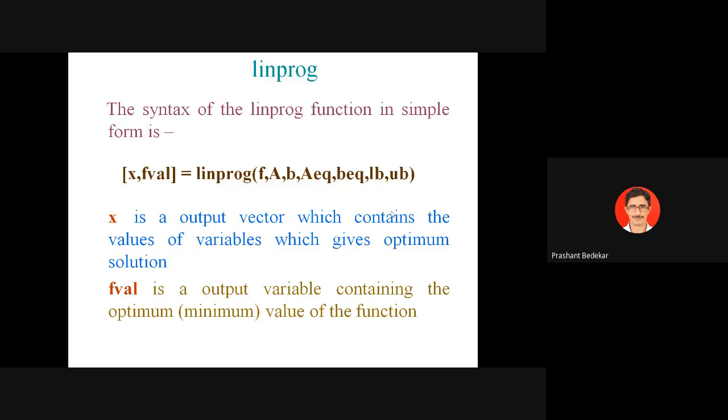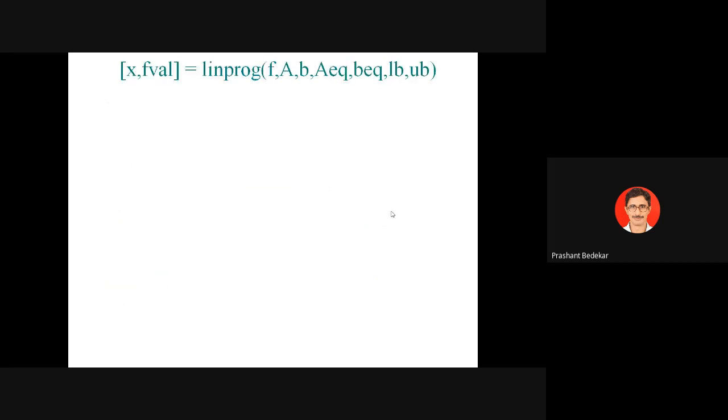So now let's come to the things which we have on the right hand side and try to understand the meaning of each term, and then we will proceed for taking a problem using linprog. F is a vector that contains the coefficients of variables in the objective function.